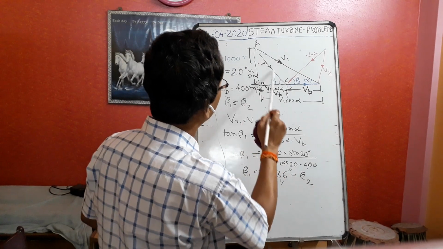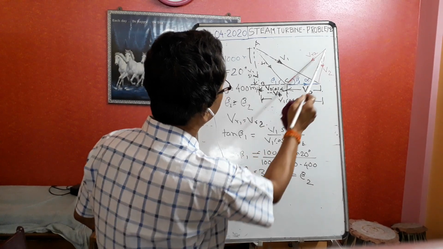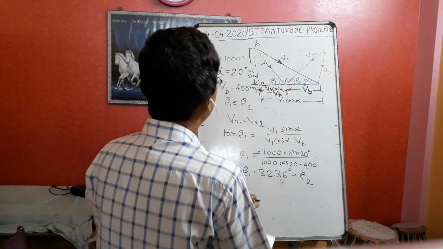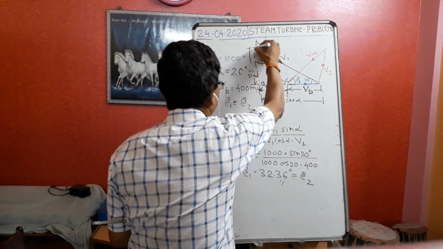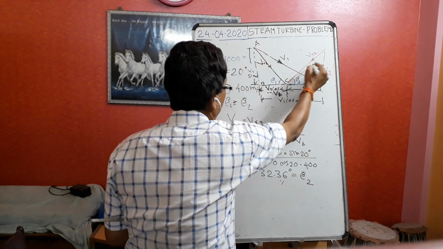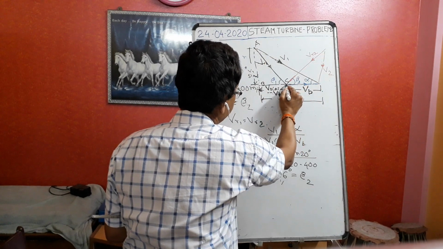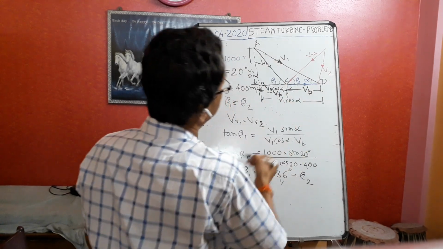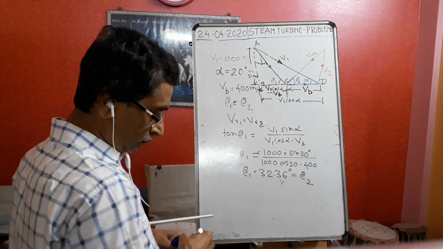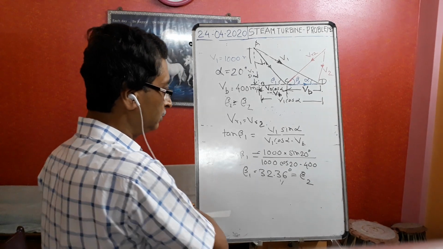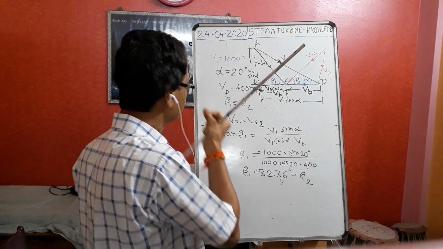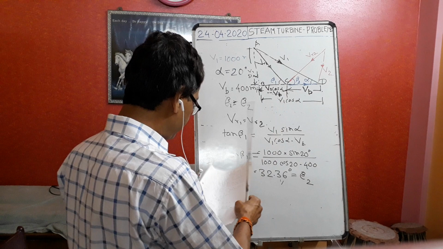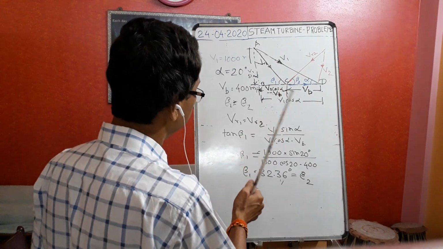This is the VR1, and this is the VR2. They are meeting at C, and V1 and V2 they are meeting at D. So okay, now once I have calculated, now I can clear it.